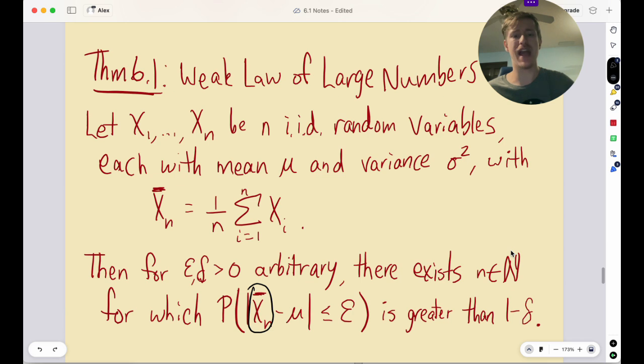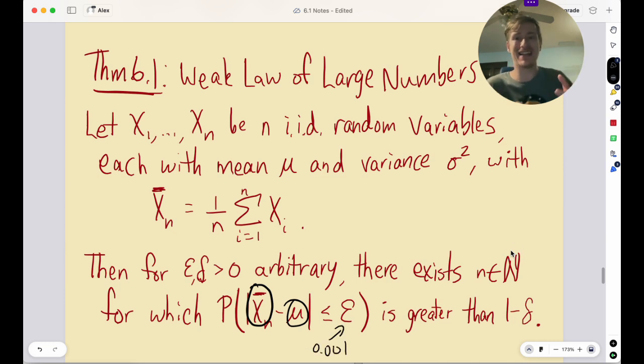Okay, so in your head, I want you to think that epsilon and delta are really, really small numbers that you get to pick. So let's say that you want the sample mean to be super close to the actual mean, within maybe 0.001. If you want epsilon to be 0.001, fine.